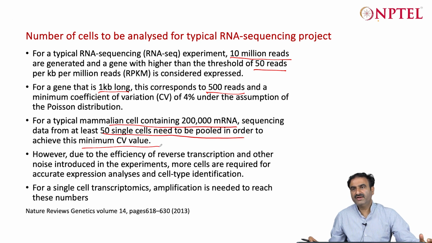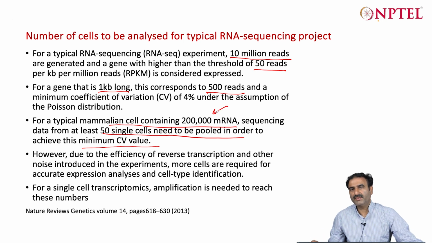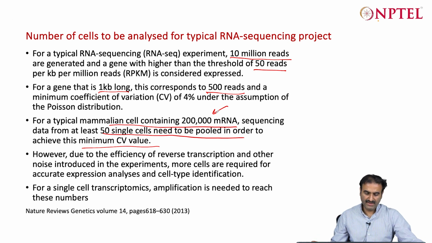So a single cell may not be sufficient, and at least 50 should be there to actually get the total mRNA count of almost 2 lakhs, so that you can capture the entire messenger RNA from a particular cell, right?